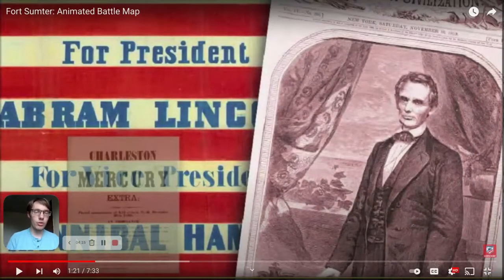And mainly it was the main people who felt their way of life threatened. It wasn't your poor Southern farmer. It wasn't your store clerk who didn't own any slaves. It was mainly the large plantation owners.